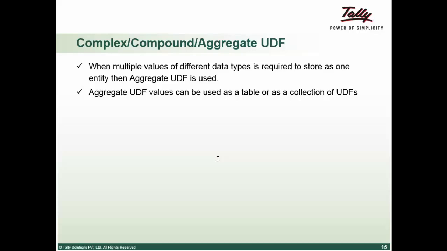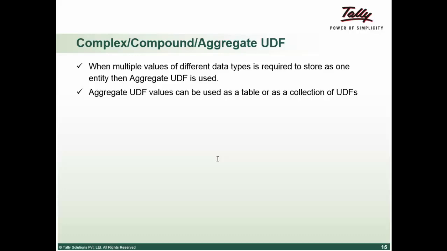So these are 4 different data types that you are holding. Now to hold this entire thing in one container, we require an aggregate UDF. We could use the simple UDF directly if it was a single data type. When we have multiple values of multiple data types, then we need the aggregate UDF.